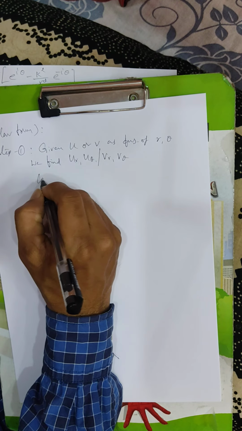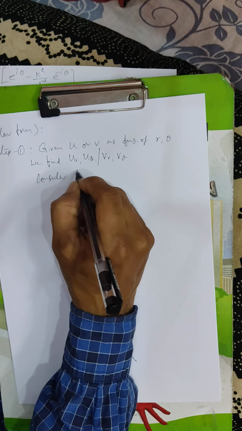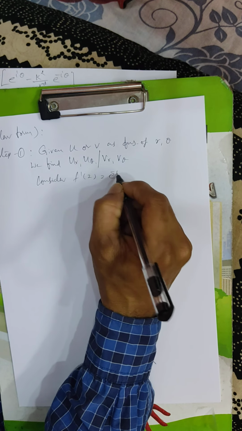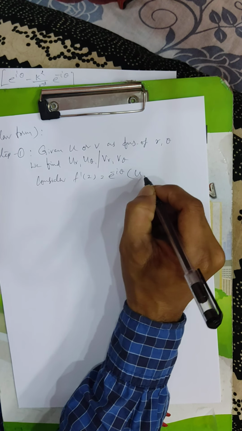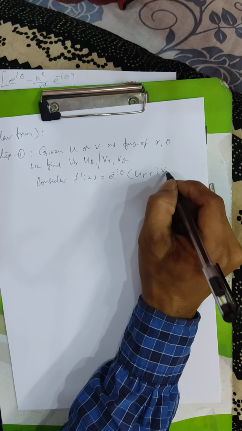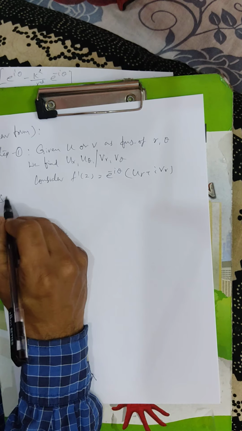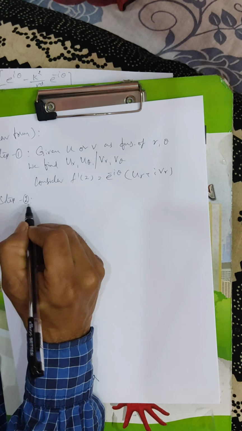And now consider the result f dash of z is equal to e power minus i theta into ur plus i vr.